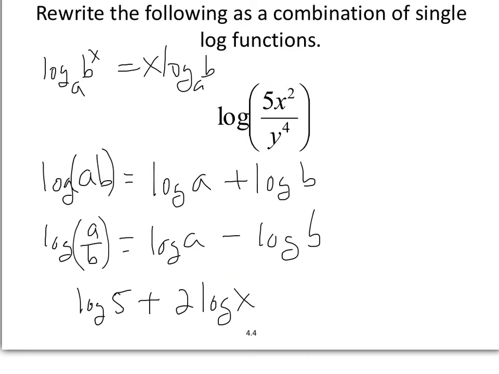And now for the last one, because it's being divided, I'm going to go minus 4 log y. The 4 is in front because of that exponent. I can bring it down in front of the logarithm. And I subtracted it because it's this thing divided by this thing. So the log of this, divided, minus the log of that. And that's fully expanded. We can't take it out any further. We're done. We did what they wanted us to do.